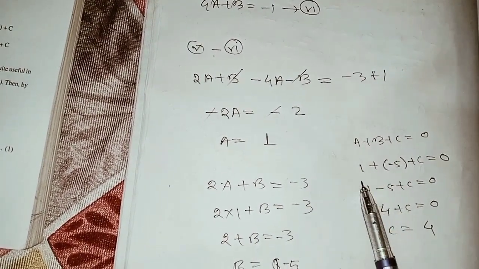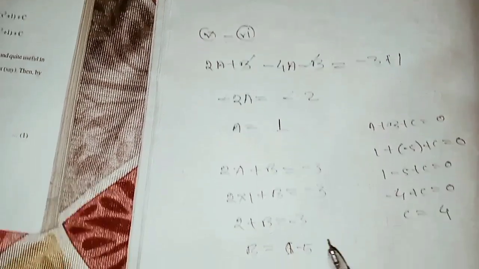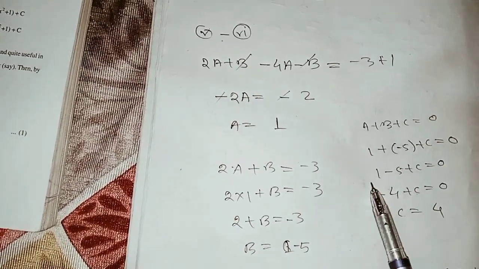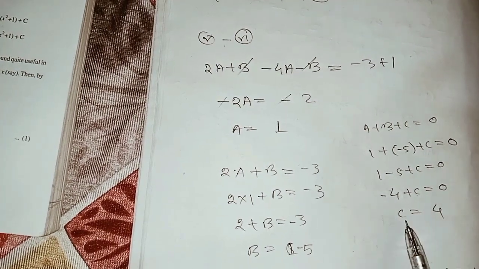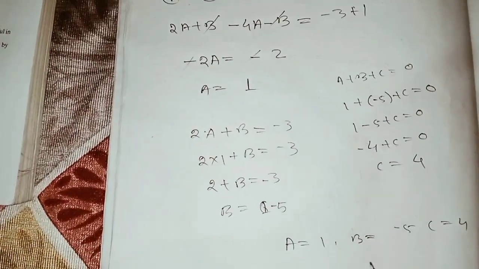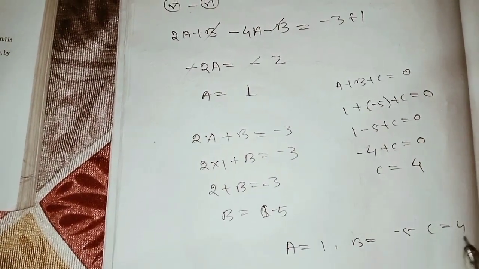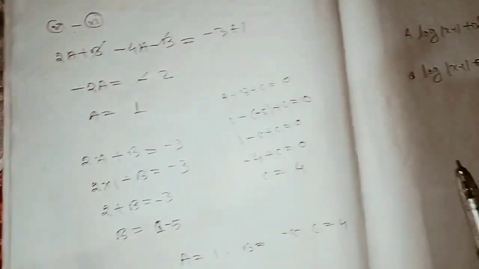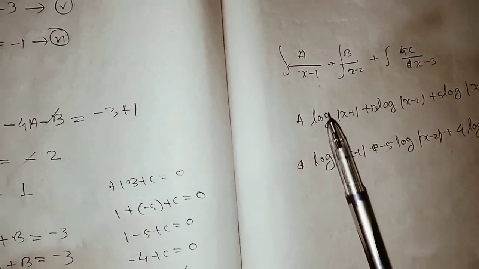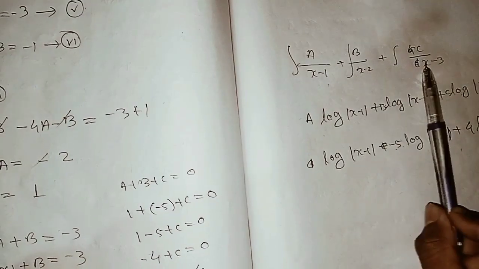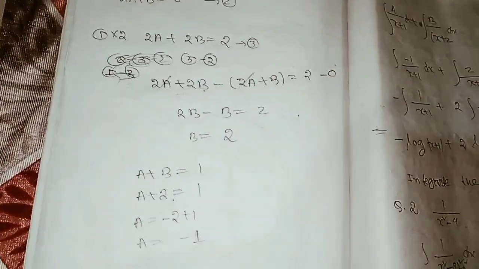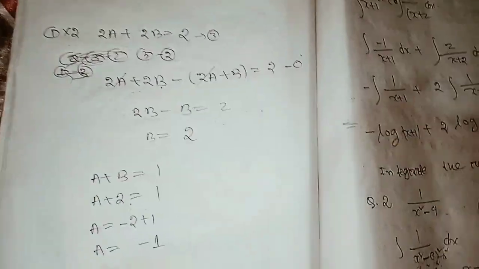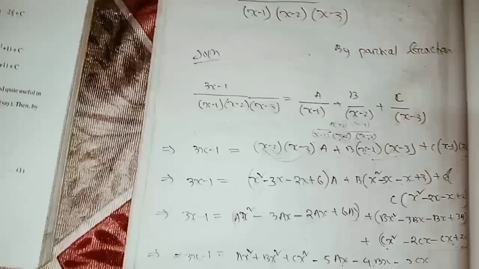So a is 1, b is minus 5, then you get minus 4, and you convert it, then you get 4, and finally we get a, b, c. Okay, so this is collected from where? Don't be confused. I collected it from this.